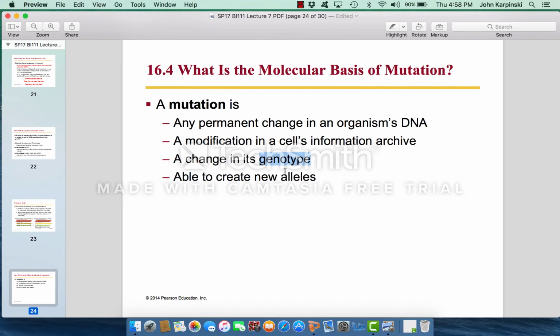And whenever you change the genotype, you're going to be creating new alleles, or new versions of those genes. And remember, from a natural selection standpoint, if we create new alleles, particular alleles that lead to some sort of survival or reproductive advantage will be propagated more frequently, leading to more offspring with those alleles, and hence a change in allele frequency, and thus evolution.